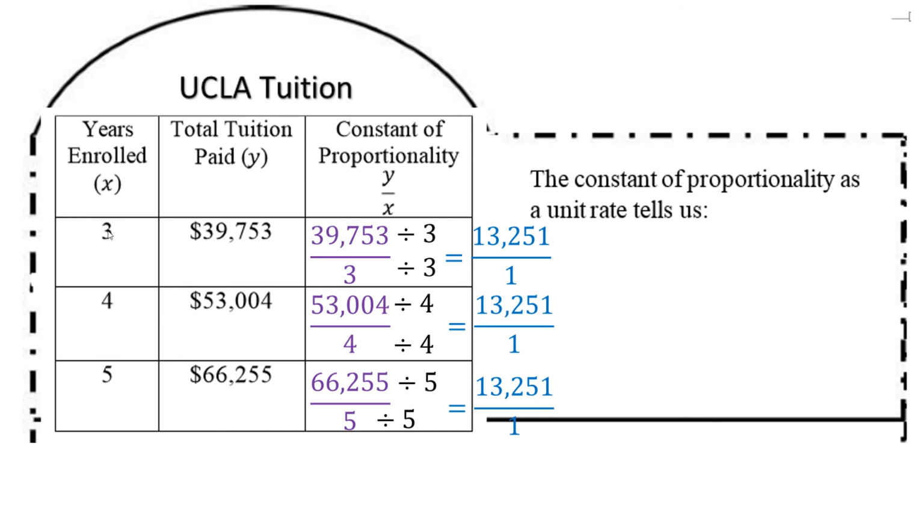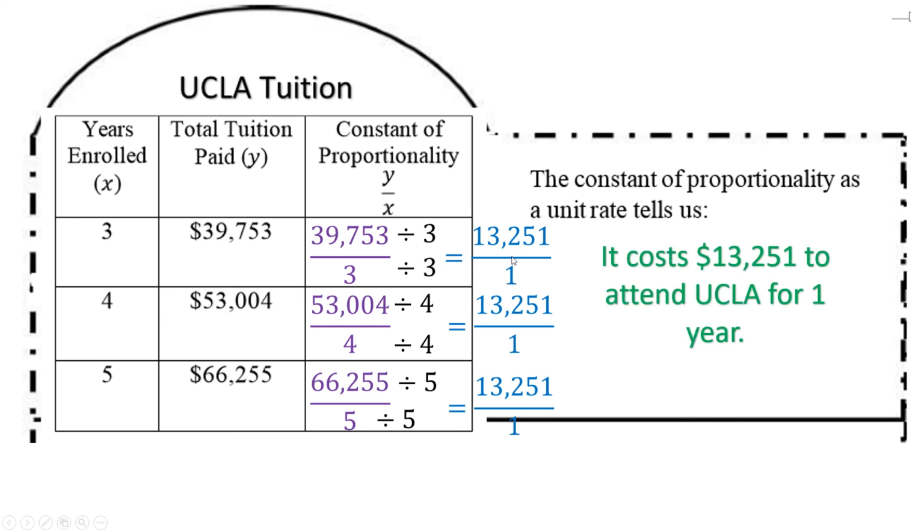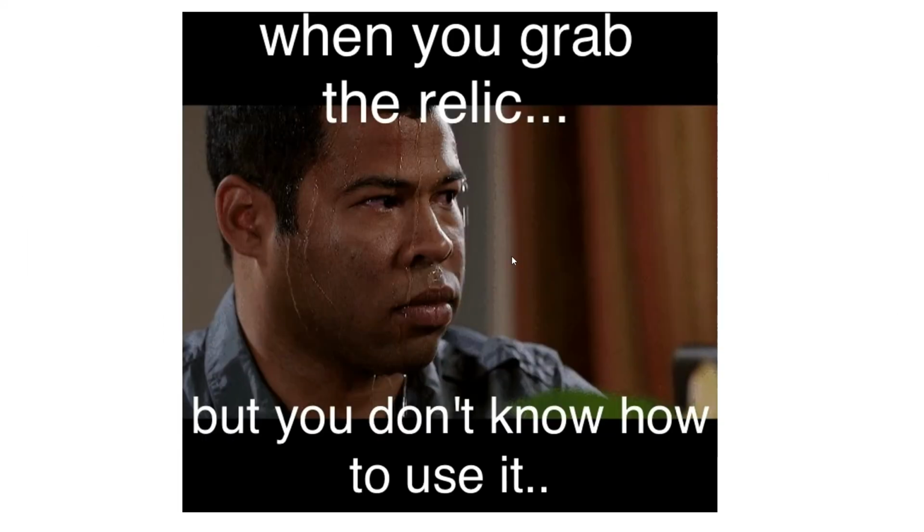And therefore, the constant of proportionality tells us that the total cost for 1 year is $13,251 to attend UCLA for 1 year, which is still expensive, but quite a bit less than USC. And once again, this is information from, I think, 2015, so a number of years ago, but still probably relatively close nowadays.